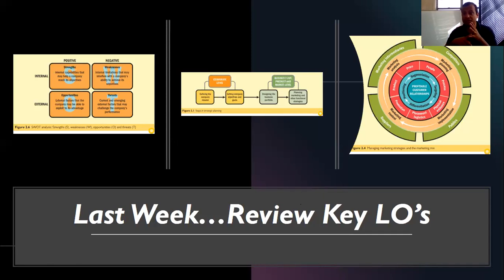We have seen that using the matrices. If you remember the BCG matrix and the product market expansion grid, we tried to look at the current and future position of the SBUs, the strategic business units. And then finally we have seen how to manage the strategy, and how to do the controlling and monitoring of all those activities. Finally we saw the application of SWOT analysis, another very important tool: strengths, weaknesses, opportunities, and threats. That's what we covered in last week 9.